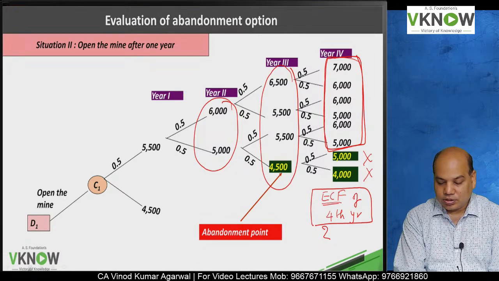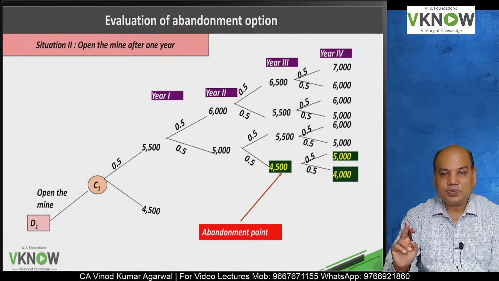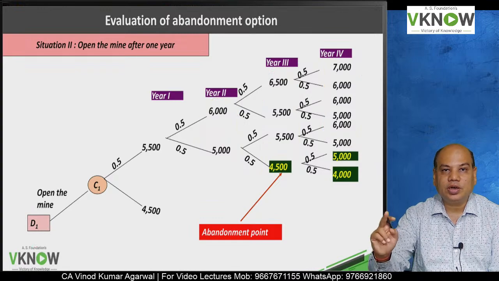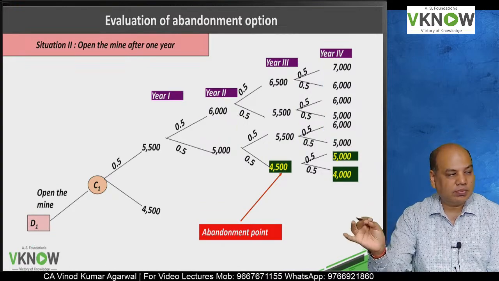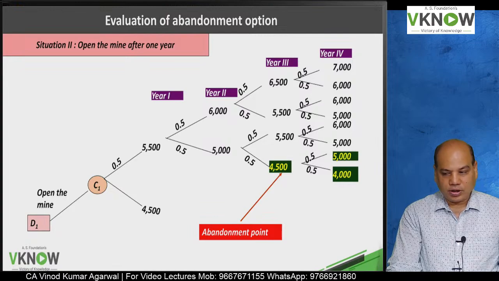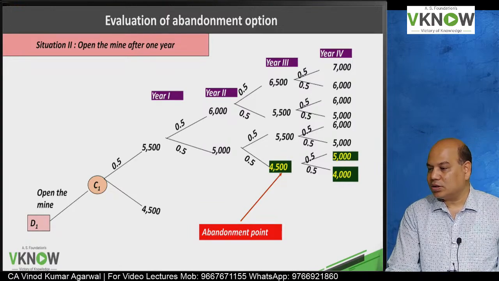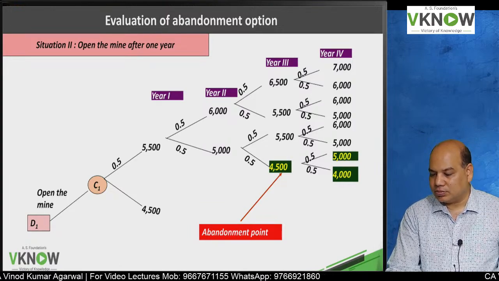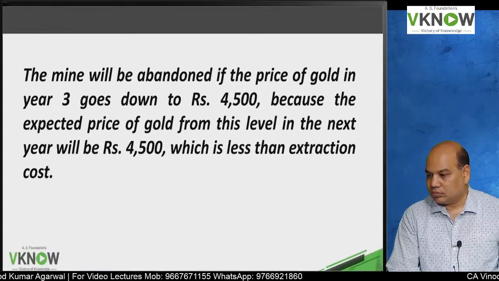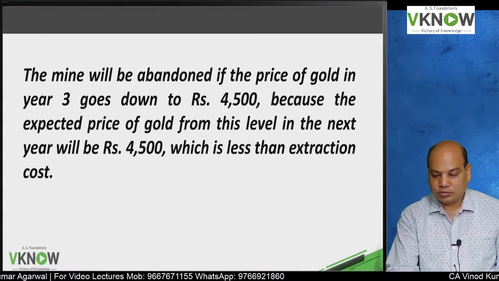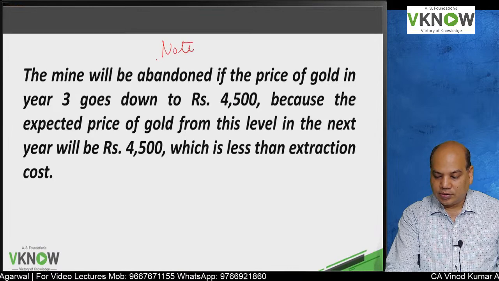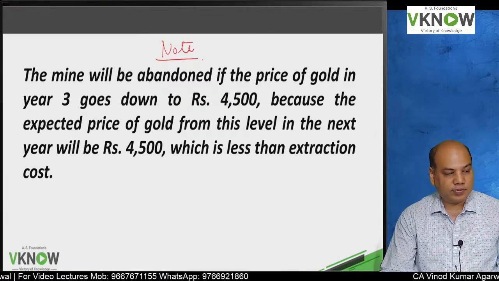Anybody wants to answer what will be expected cash flow of the last year with abandonment option? First we'll give you a note. Later on you'll forget, so write down the note first.